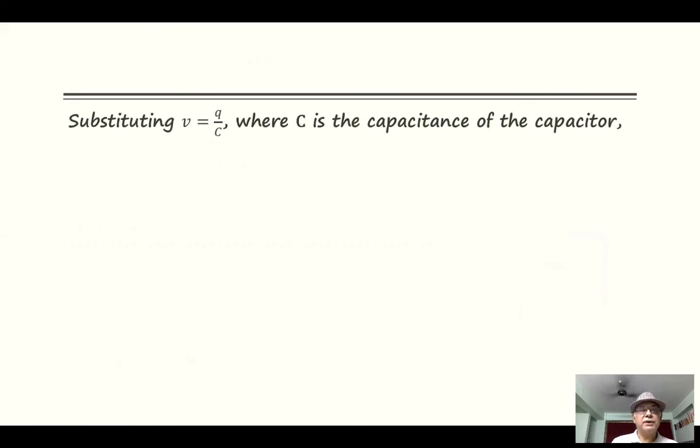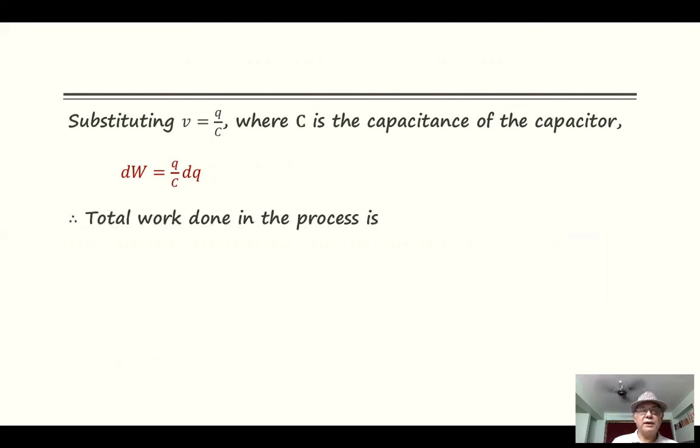Substituting small v equal to small q divided by C, where C is capital C, the capacitance of the capacitor, dW is equal to small q by capital C dq.